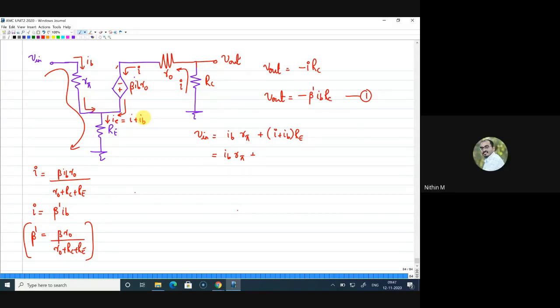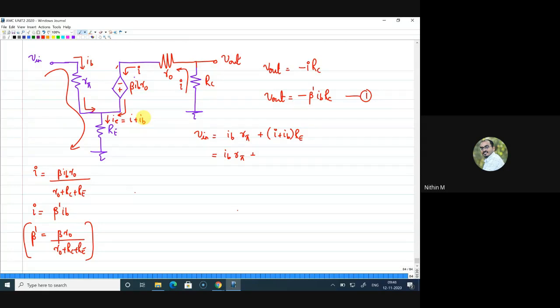We can write that, but we need a concise formula which includes R pi also, because the resistance RB we added now is external, in the sense that it comes from the biasing part. If we omit this R pi, we may not get a concise, compact formula. Okay, right.